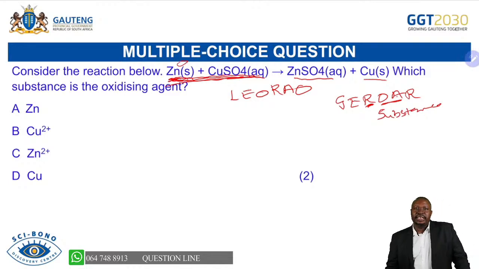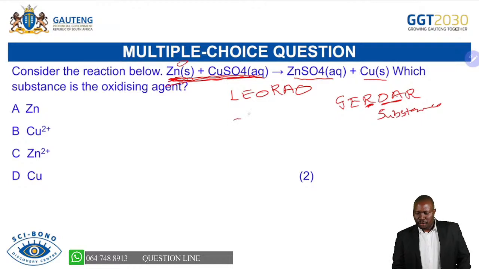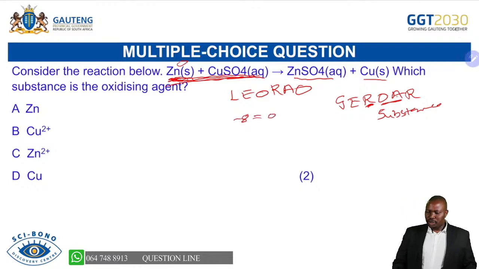But in a solution like that, you will go through all that trouble of saying you have oxygen, which is -2, that will give you -8. And we said this must add up to 0. So if oxygen is -8, you will check copper and sulfur. The answer must be 0. Between the copper and the sulfur, you know copper is copper 2, so that will be your +2 for copper.